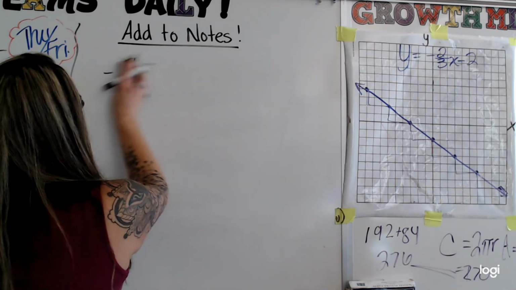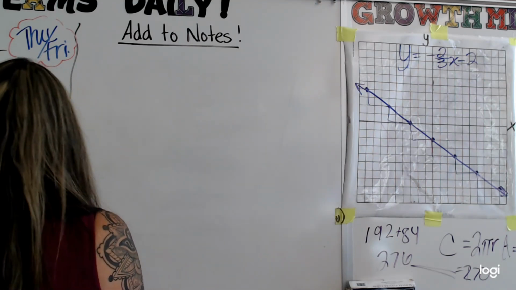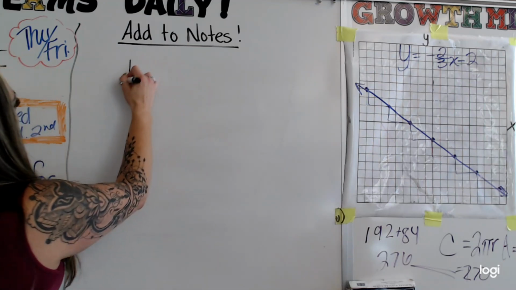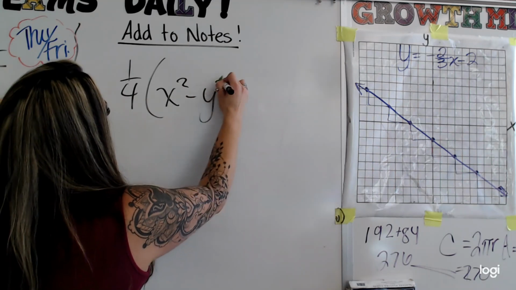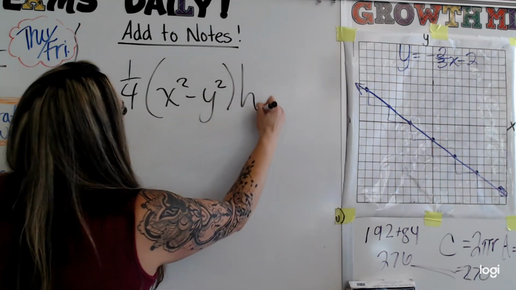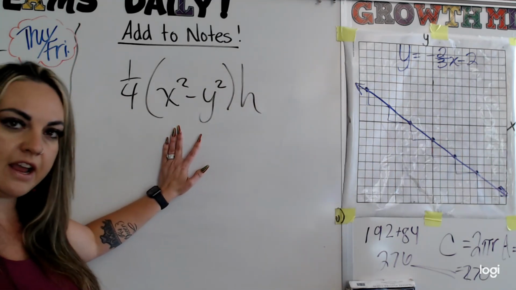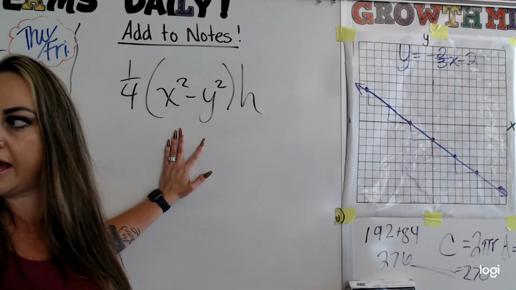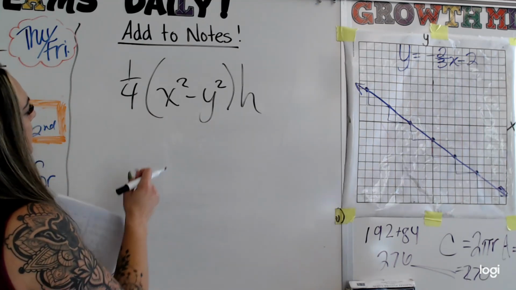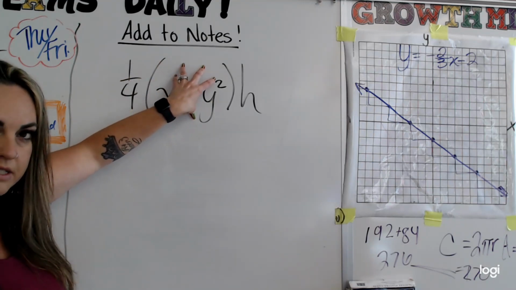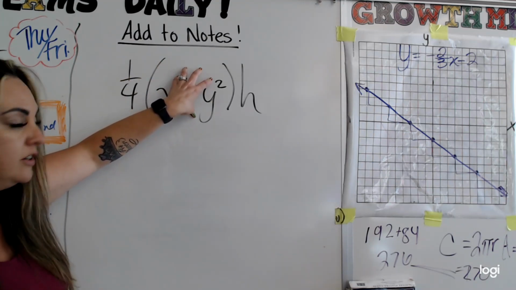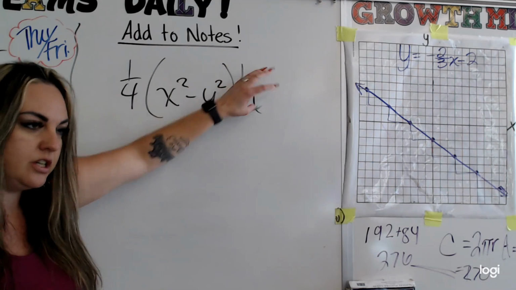Let's see what else. Remember that there are formulas for finding the area of different shapes or things like that. You need to recognize that, first of all, this is 1/4 times this quantity in here times h.